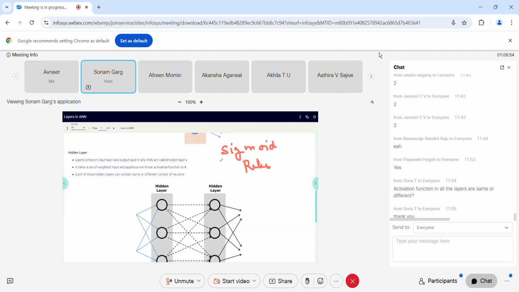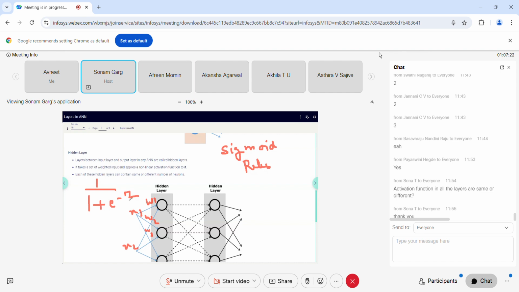The formula for the sigmoid function is 1 upon 1 plus e raised to the power minus z. Let's say this is x1, this is x2. Now some weights are assigned to these links as well. This is weight 1, this is weight 2, some weight here, weight 3.